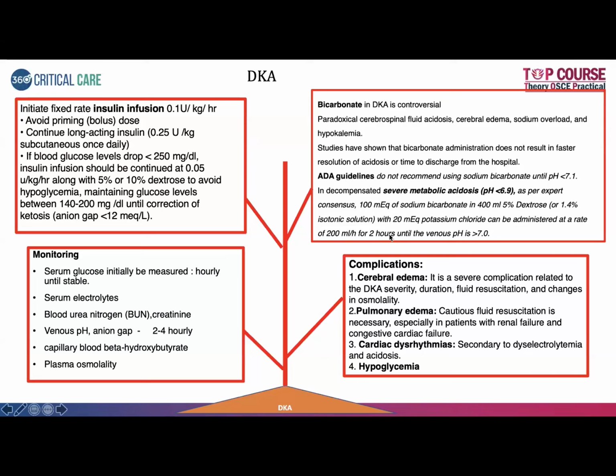You continue this infusion until the pH is more than 7. This is as per consensus statement, not as per any guidelines. ADA guidelines do not recommend the use of soda bicarb unless the pH is less than 6.9.